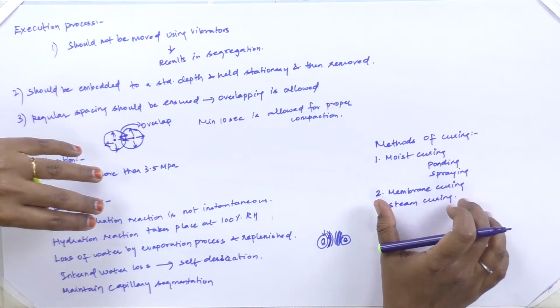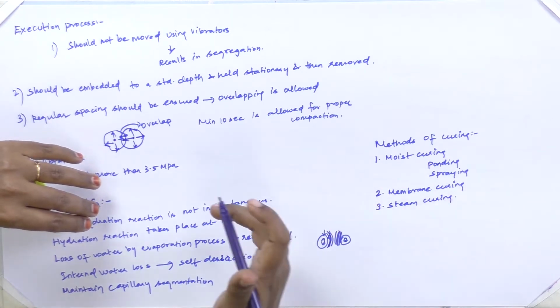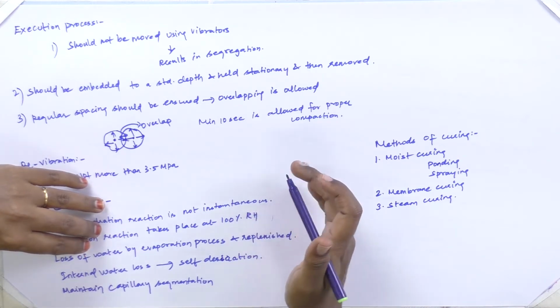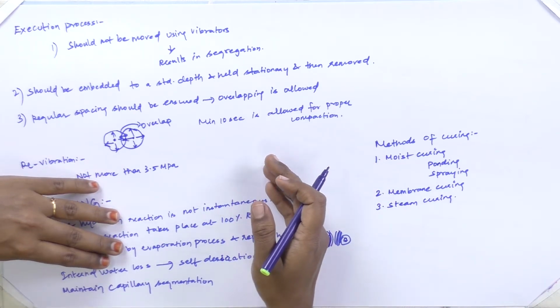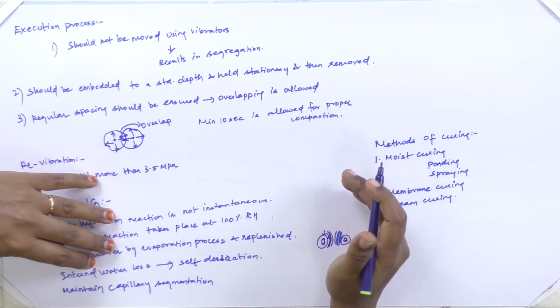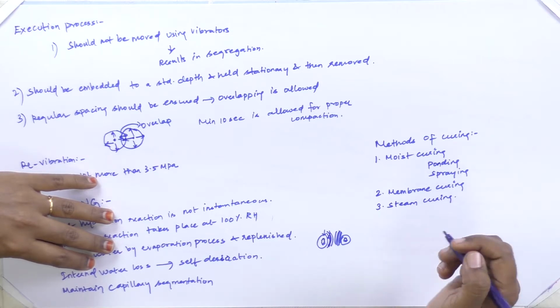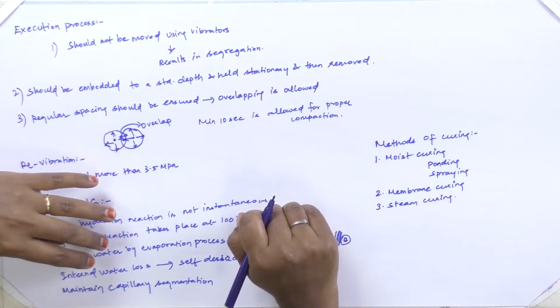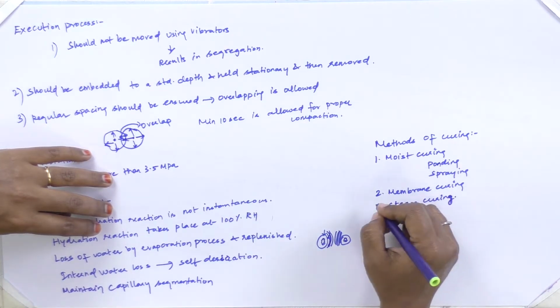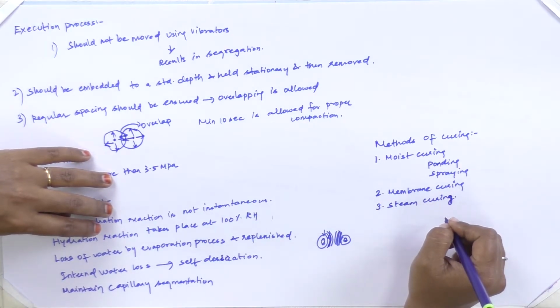So the steam curing should be done in a stage where the fresh concrete is not subjected to a higher heat in the initial stage, and after the initial stage, the steam curing can be done for concrete.